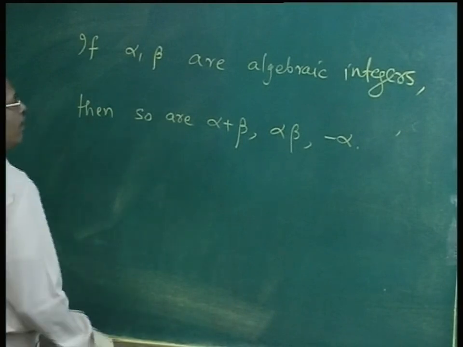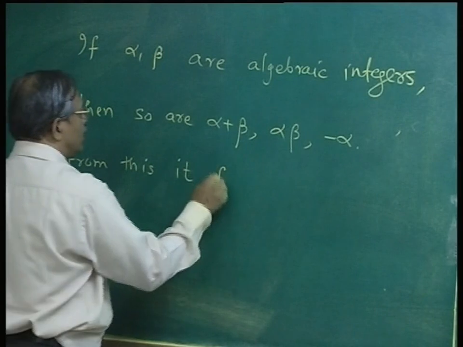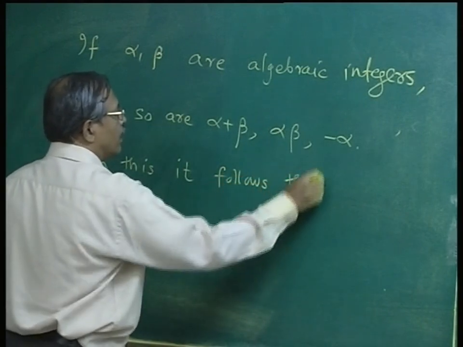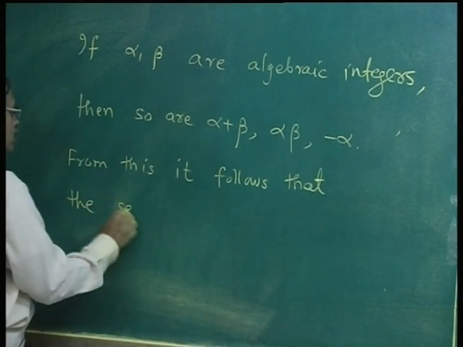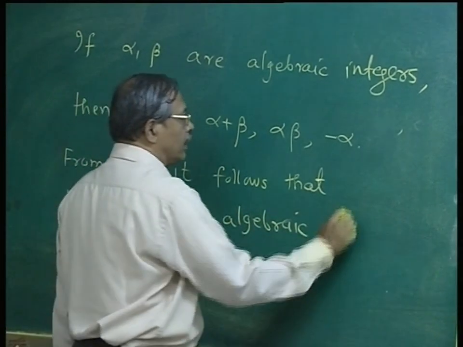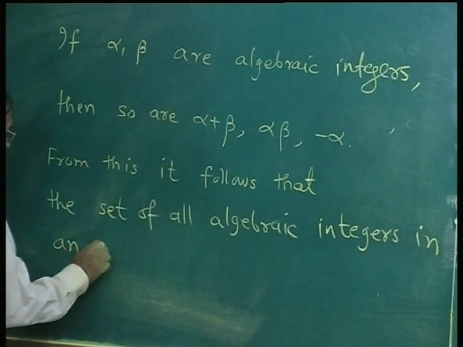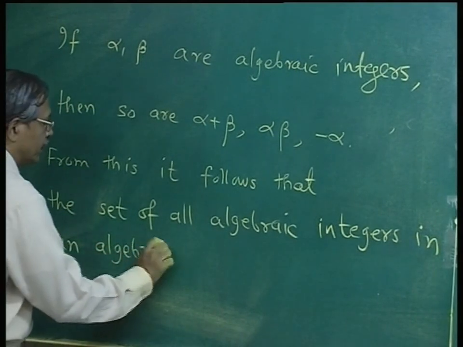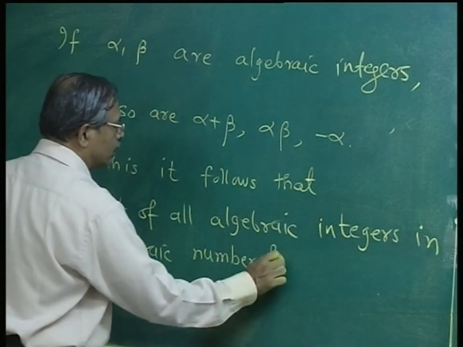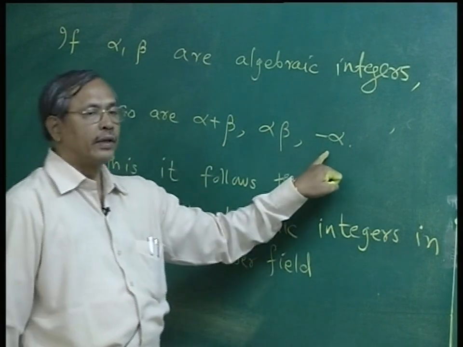So from this it is clear that if you take the subset of algebraic integers of a given algebraic number field, then this subset is closed under sum, product and negative.